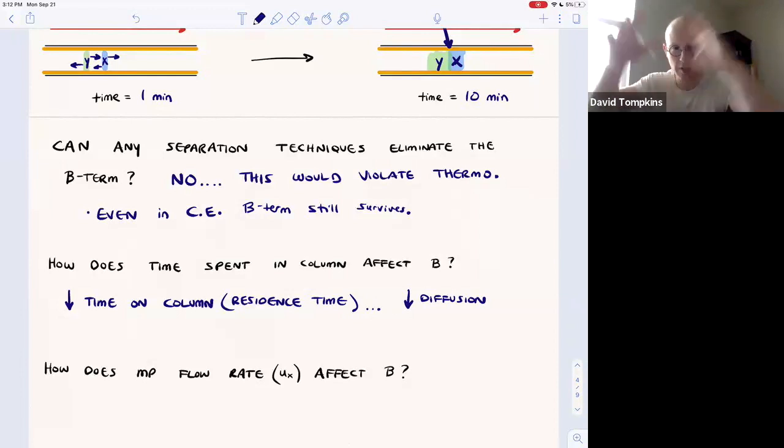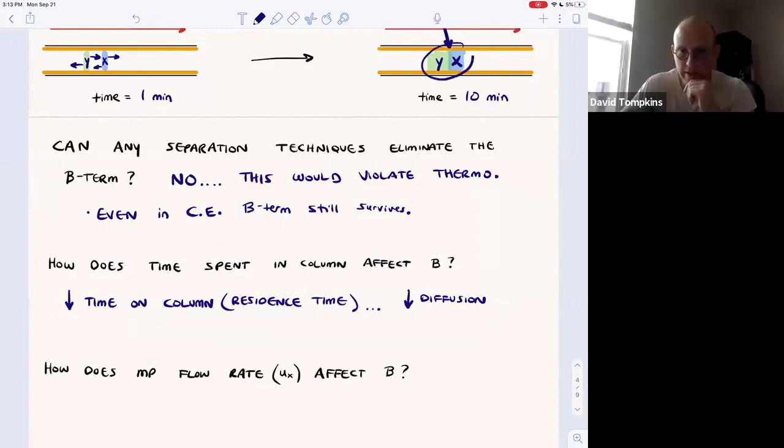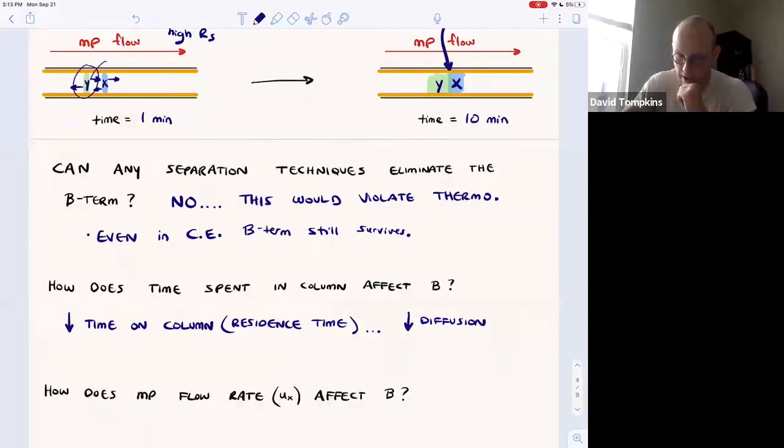Molecules spread out from one another randomly. So the less time in the column, the less these two peaks will widen and look like this XY picture here. Remember at our earlier snapshot, 1 minute, those compounds were pretty separate from one another and not overlapping.